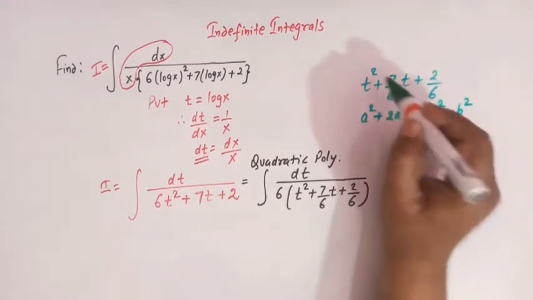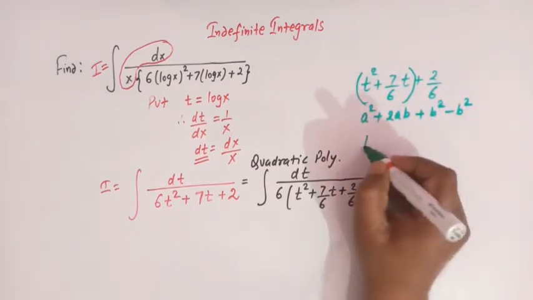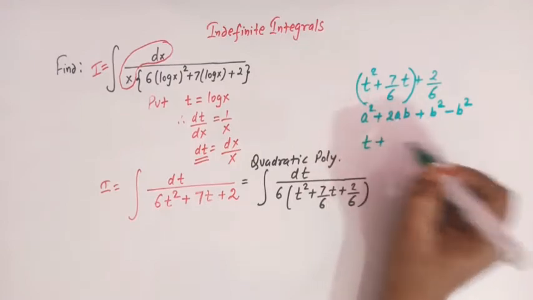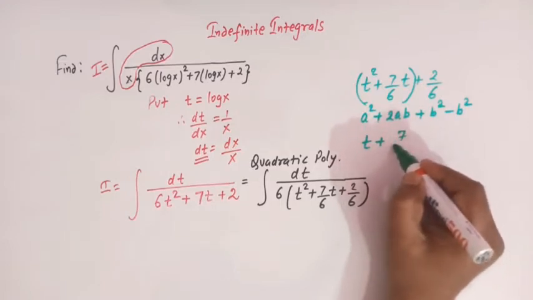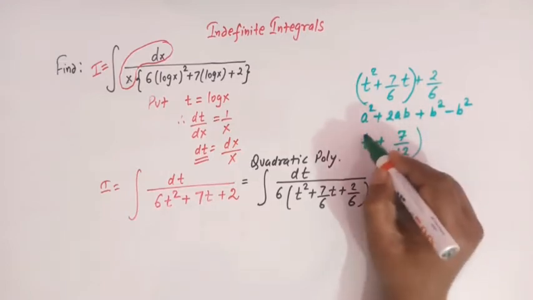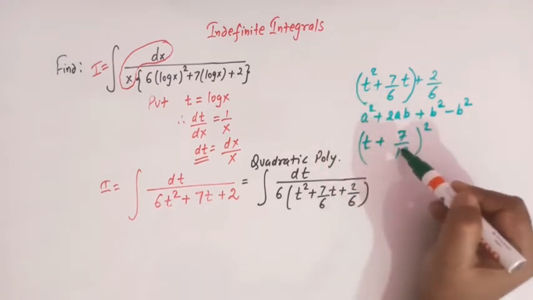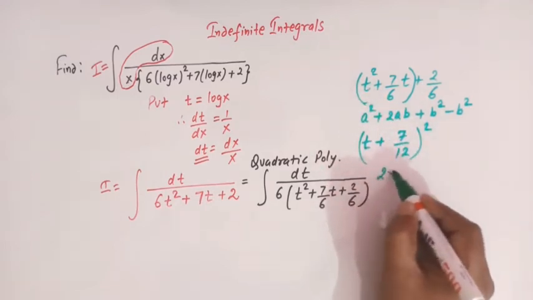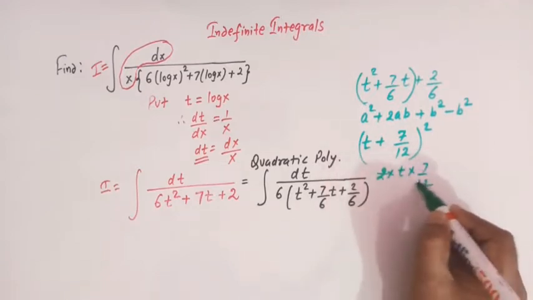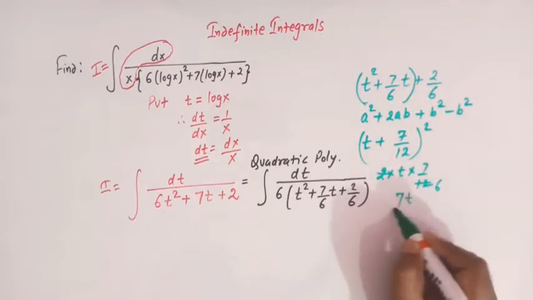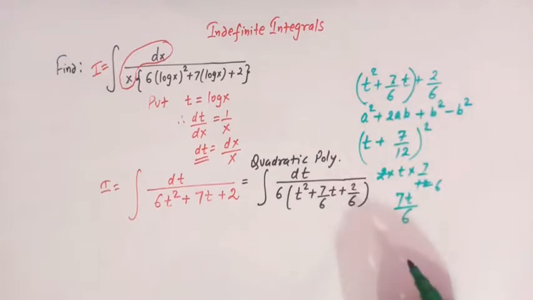We'll write this as t plus 7 over 12 whole square, because we have t square, then the 2ab term, that is 2 times t times 7 over 12, which gives 7 over 6 t.